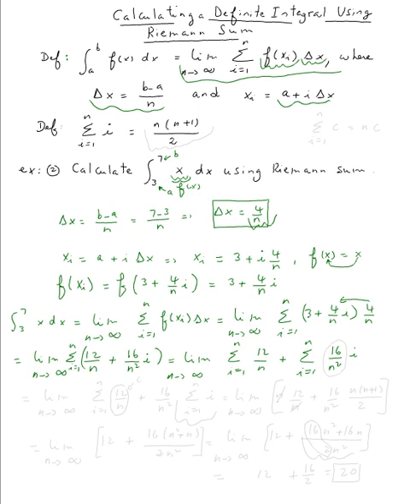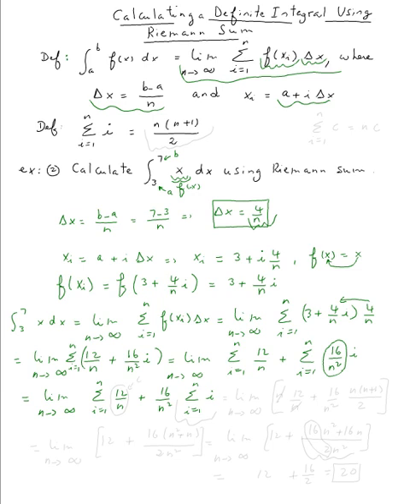One more step. This is going to be equal to the limit as n goes to infinity of the sum of 12 over n from i equal 1 to n plus, this is considered a constant. An expression that doesn't have an i is considered a constant, so 16 over n squared sigma of i equal 1 to n of i.